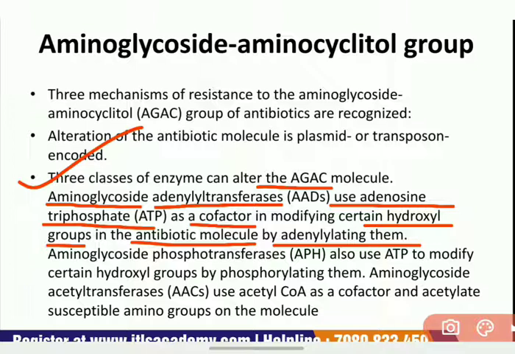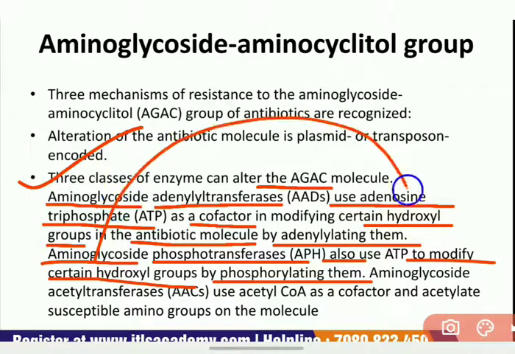Second is aminoglycoside phosphotransferases, that is APH, which also use ATP to modify certain hydroxyl groups by phosphorylating them. Aminoglycoside phosphotransferases act by phosphorylating the antibiotics.